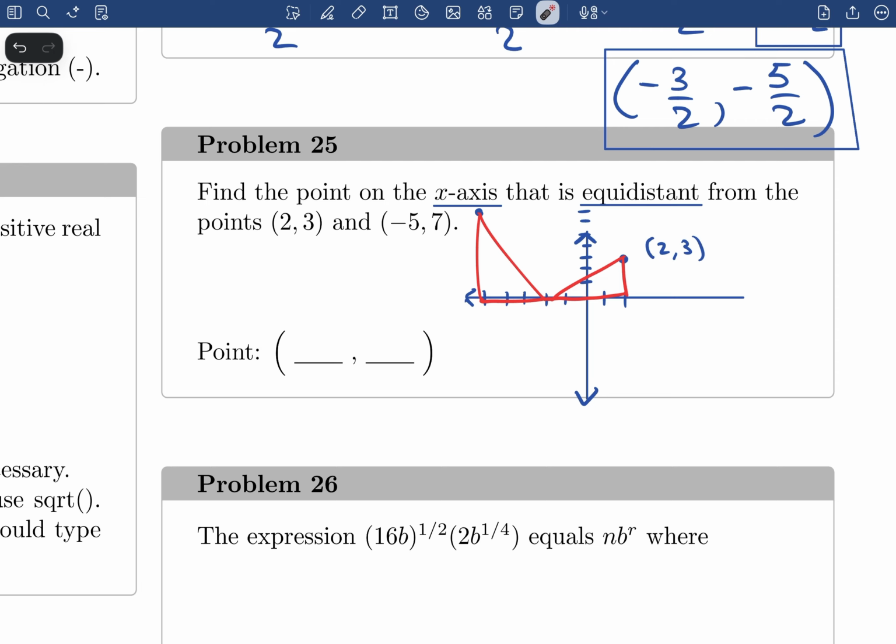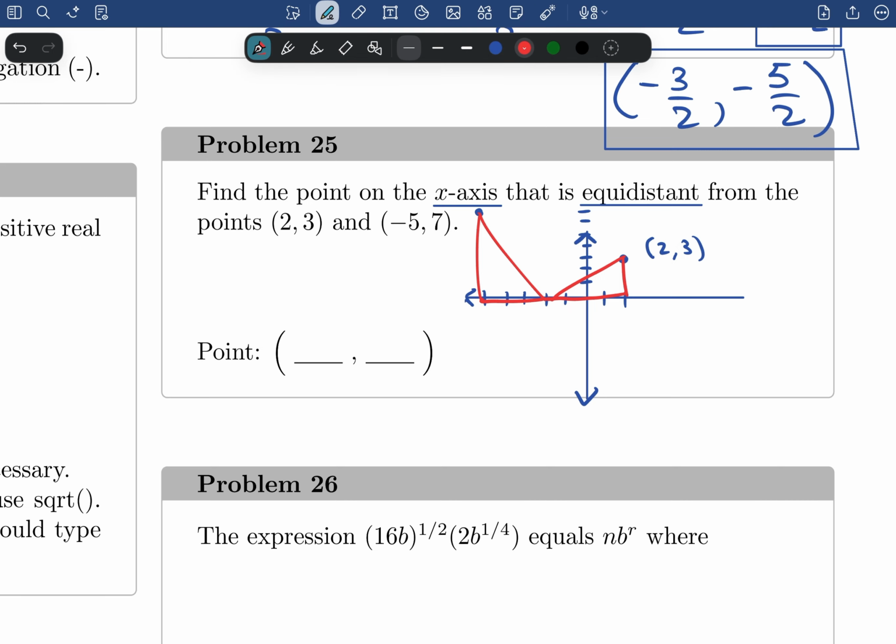And it seems to me like it would be somewhere around -3 here, because I'd have a value of 7 and 2, and then 2 and 5. Yeah, so that point is somewhere close to -3 comma 0. That's going to be kind of my guess.